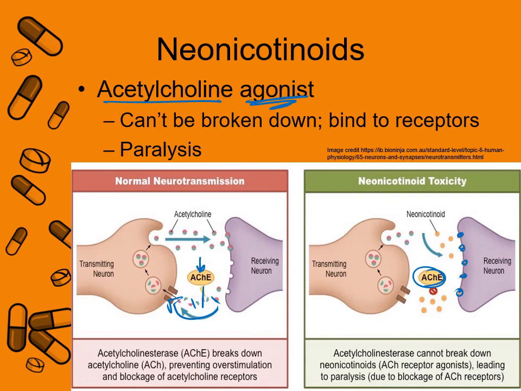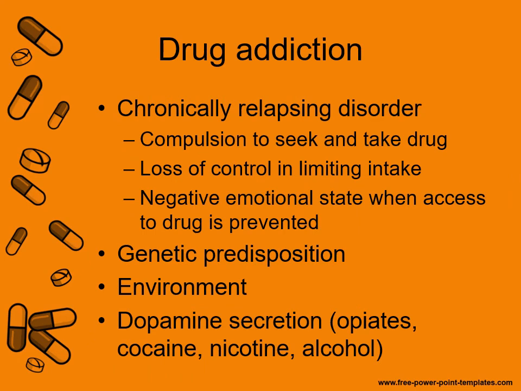The binding is permanent. The acetylcholine can be released, but it cannot bind to the receptors, which means that this cell can't be signaled, and so the insects that eat this pesticide are going to be paralyzed.